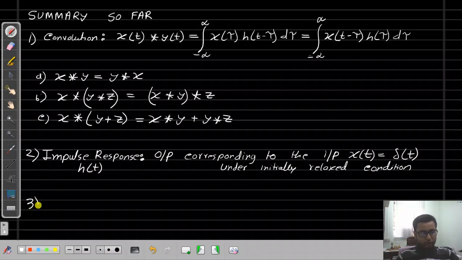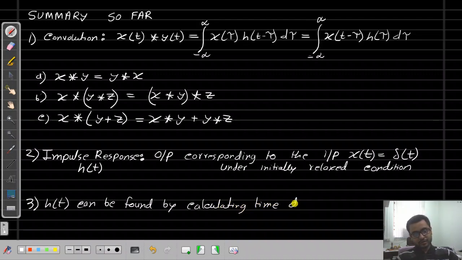However, we have also learned that in the laboratory you cannot get δ(t), so h(t) can be found by calculating the time derivative of the step response of an LTI system.